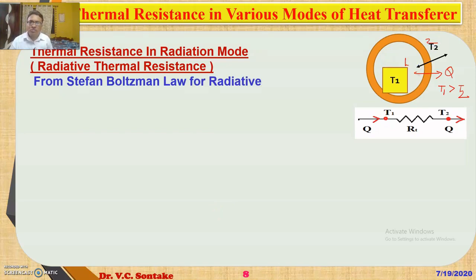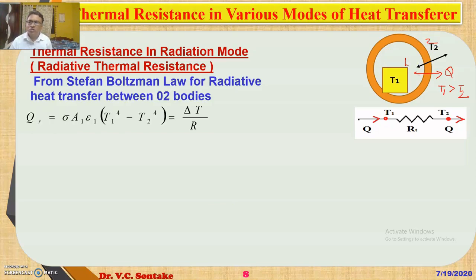From the Stefan-Boltzmann law, radiative heat transfer between these two bodies can be given by the expression Q is equal to sigma A1 epsilon 1 into T1 power 4 minus T2 power 4, where epsilon is called emissivity.